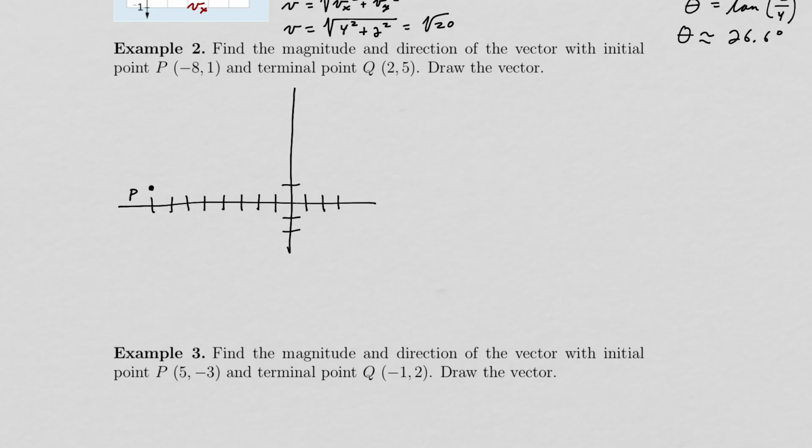That's my P. And then I want to go to 2, 5. So 2, 5 would be here. That would be my Q.